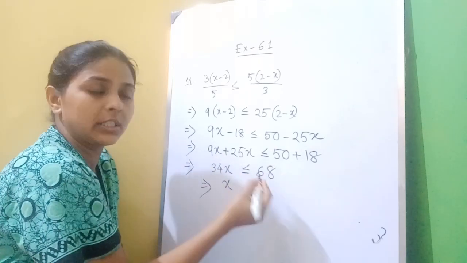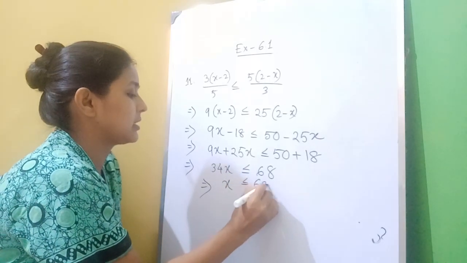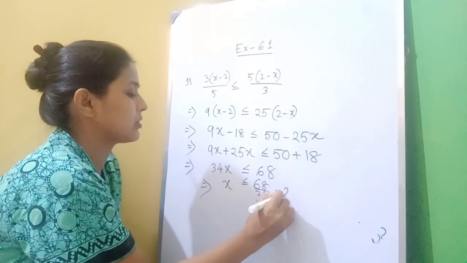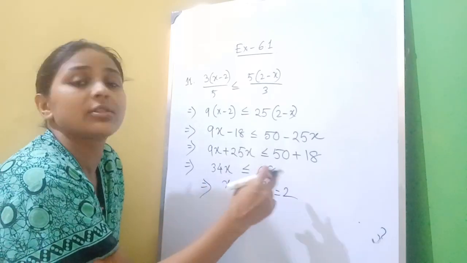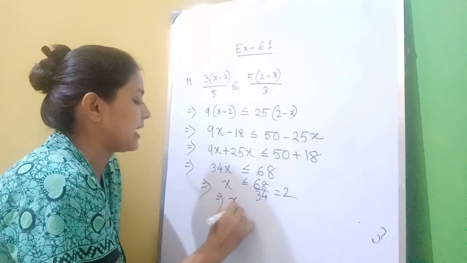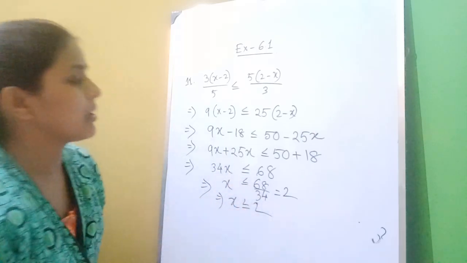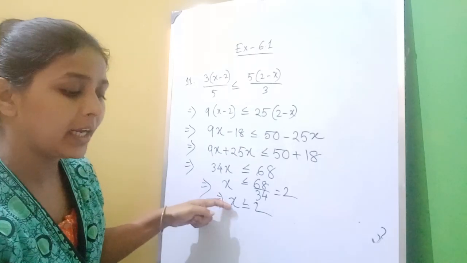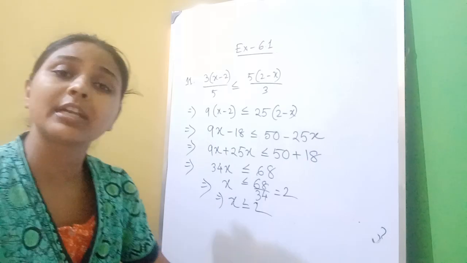Again positive numbers, so there will be no change in the sign. 68 by 34 is equal to 2. So x less than or equal to 2, we are getting finally x less than or equal to 2. Depending on this, the question is to solve the inequalities for real x.